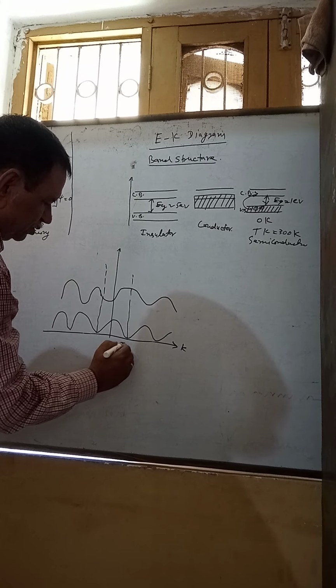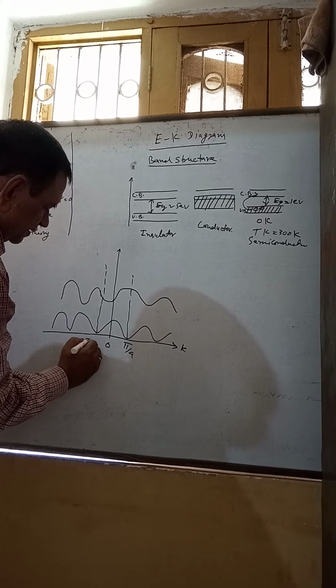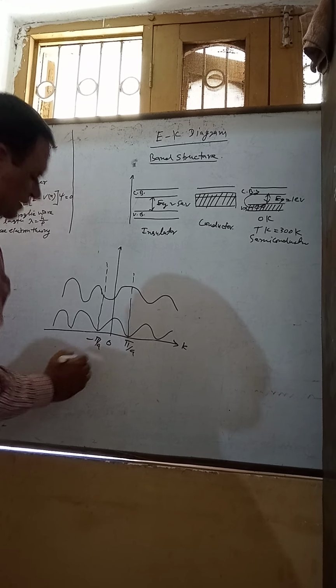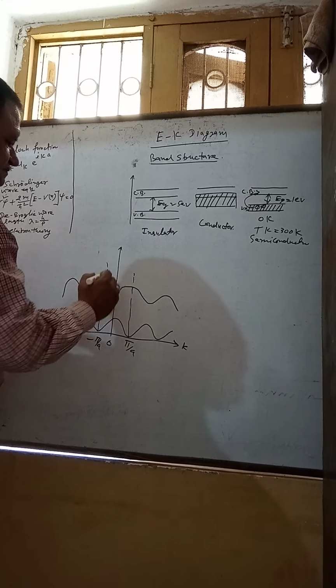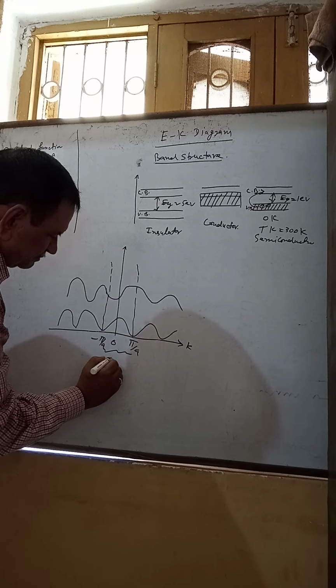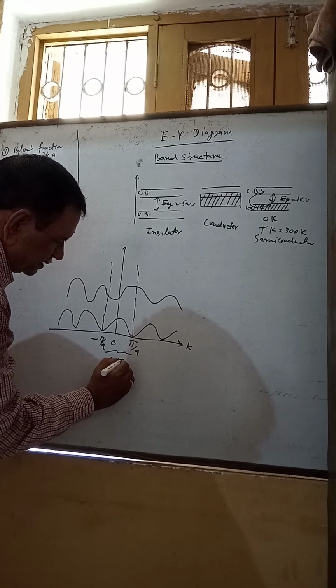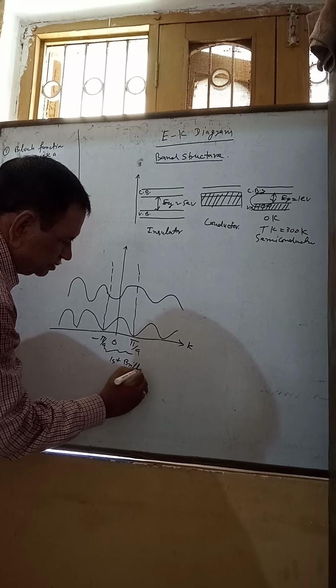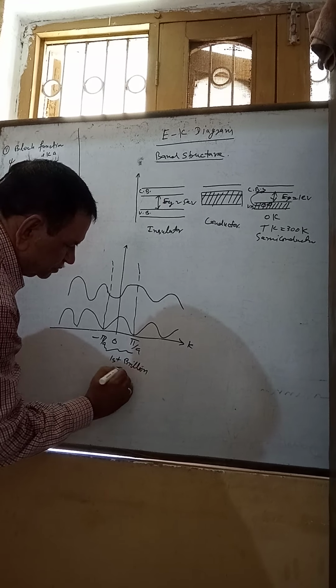This is your 0, pi by a, minus pi by a, and this is the repetition of this first Brillouin zone.